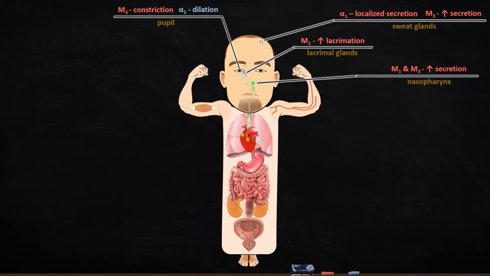So you can have a runny nose, and then secretion throughout the pulmonary system. Really, we're talking nasopharynx, so produced in the mouth, in the pharynx, but then potentially dripping down into the respiratory system as well, or swallowed into the GI tract. But the main point is that we have enhanced secretion here. M1 and M3, enhanced secretion.